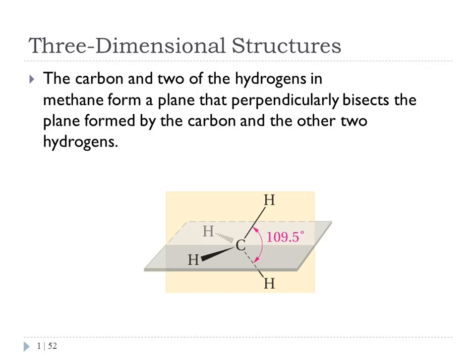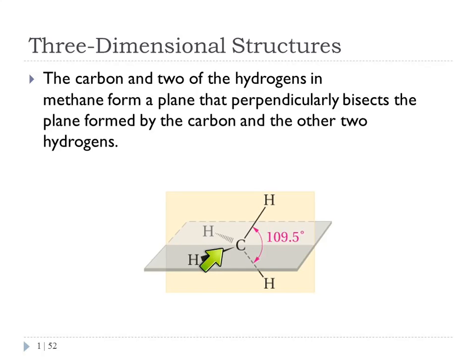Here's a better illustration of how these are not in a single plane. What they're trying to show here is this yellowish plane is going up and down, and this beige, I don't know what color that is, light brown, is going back and forth at a 90-degree angle.